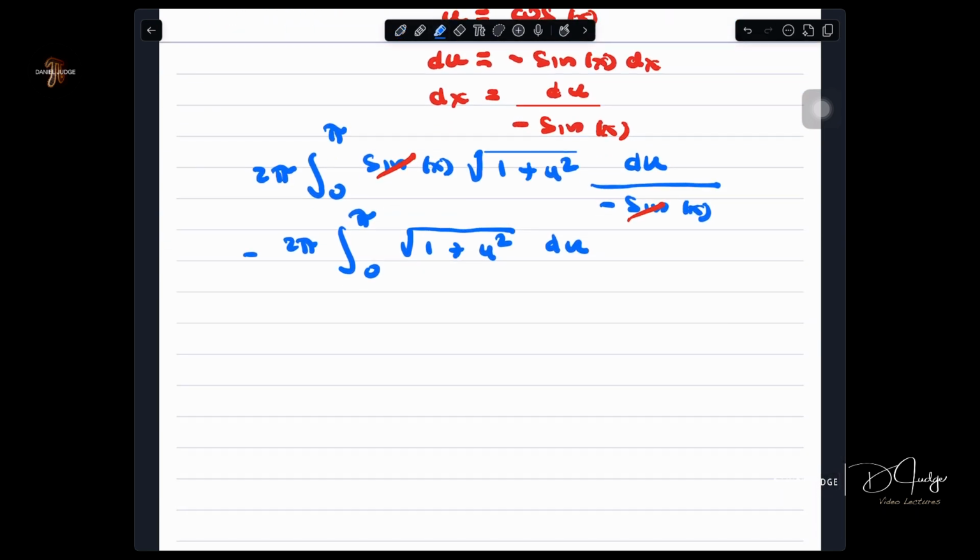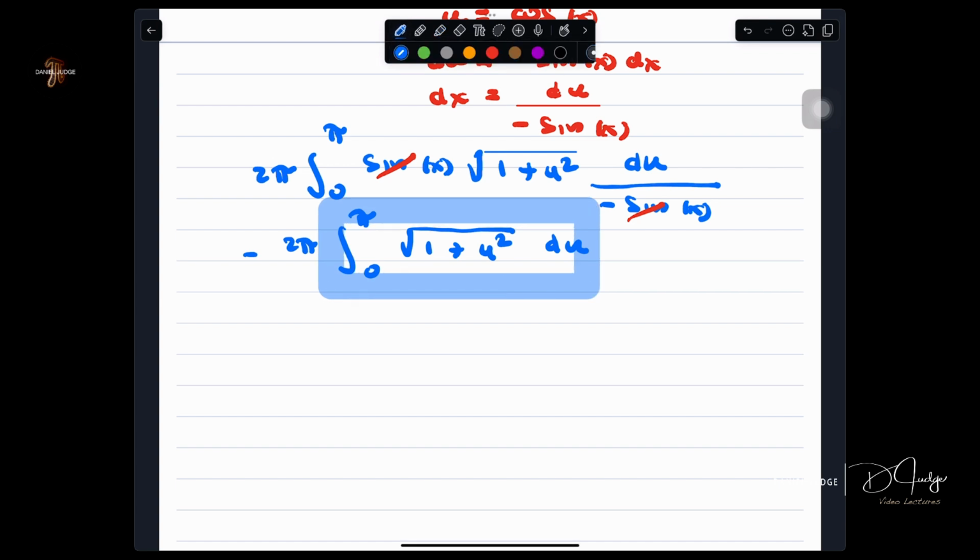Now, this function here, you're going to have to use trig sub, because this is going to be a square root of a squared plus u squared situation. It's a trig substitution integral.